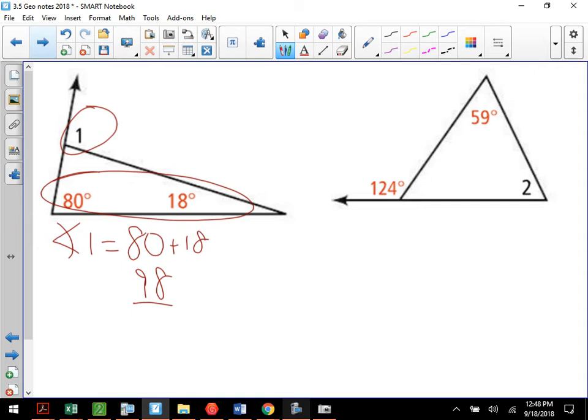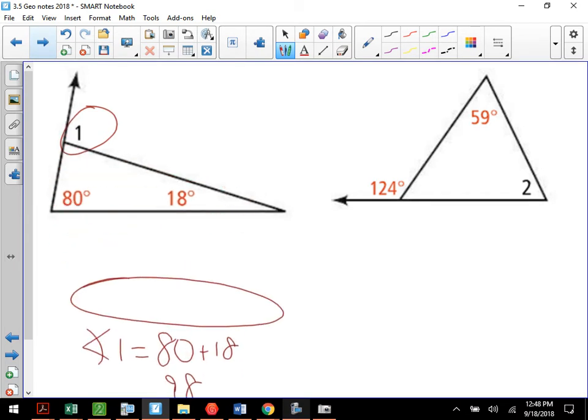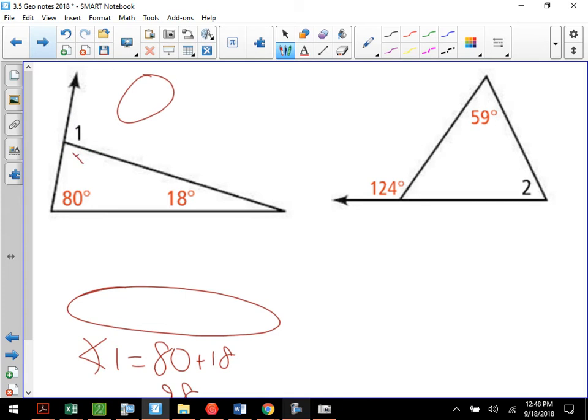The reason is, if I walked into the inside here and needed to figure out what this angle was to start with, I would have taken 180, subtracted the 98, because that's what these two add up to equal.